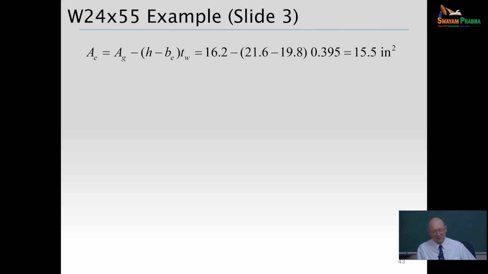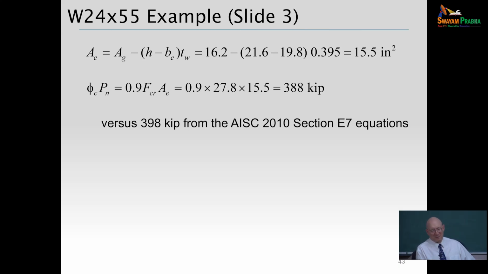That's (h minus b sub e) times tw. So we take that area out to get an effective area. And once we have that effective area, we multiply by Fn, hit it with our phi factor of 0.9, and we get 388 kips. If we were to go back to the 2010 standard, when they had form factors, it was 398. And so here we can say, well, what's 10 kips among friends? We're good.